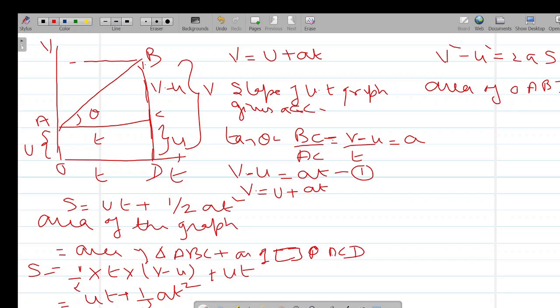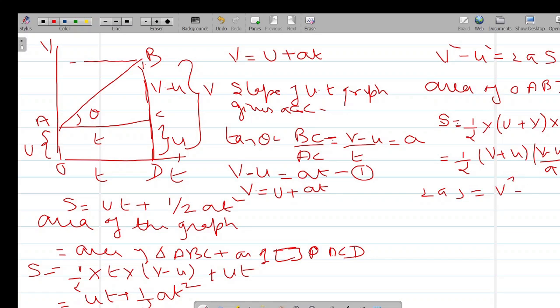This will give us displacement, half into the sum of the parallel sides into height. What is the value of t from equation number 1? T will be V minus u upon a. Cross multiply 2a towards s. This is a plus b, a minus b, which is equal to v square minus u square.